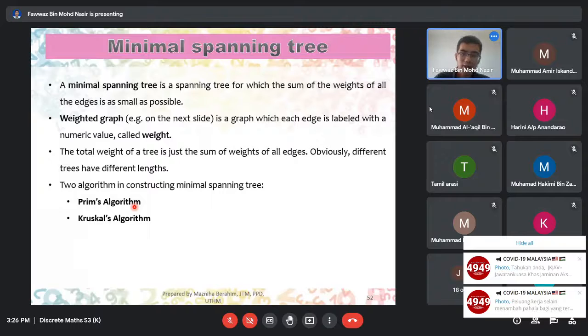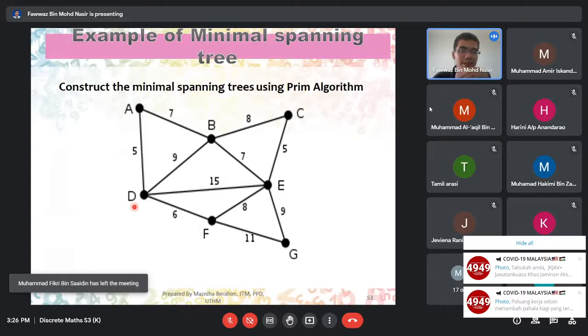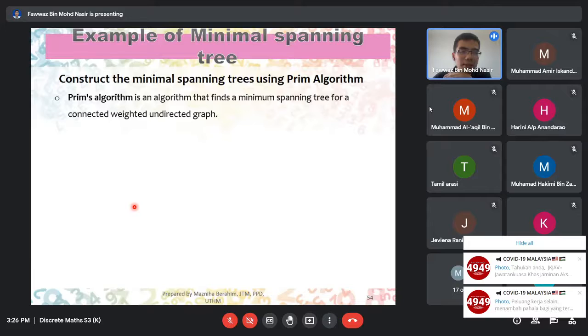Okay. So katalah kita ada this graph, lepas tu dia suruh cari minimum spanning tree using Prim's algorithm. Okay, jadi dalam Prim's algorithm ni basically kita boleh gunakan dia untuk cari the minimum spanning tree. Okay.